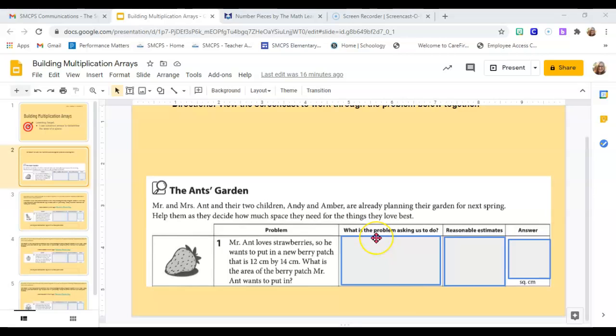So we have to answer this question. It says, what is the problem asking us to do? We're not solving it just yet. We want to answer what is the problem asking us to do.